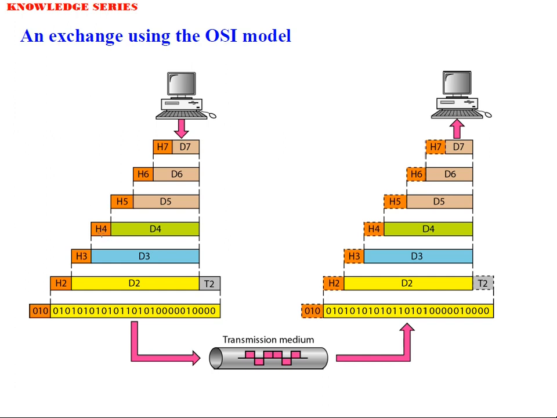The header gives identity about where it has to go and what it means. Finally it comes to the data link layer where you have a header and trailer, and finally it becomes bits transmitted over a medium, and the reverse actions take place and it reaches the destination.